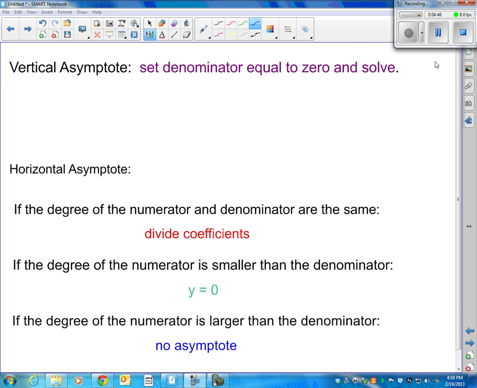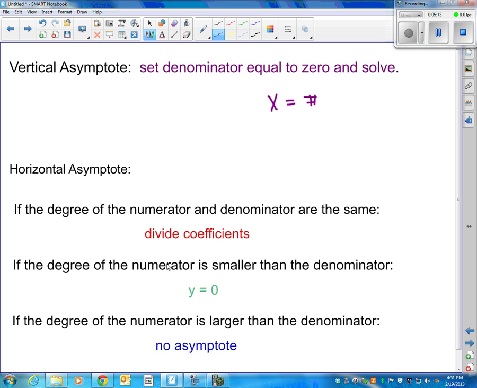All right, in summary, if you're looking for the vertical asymptote, set the denominator equal to 0 and solve. And your answer will be in the form of x equals some number. If you're looking for a horizontal asymptote and the degree of the numerator and denominator are the same, you divide your coefficients.